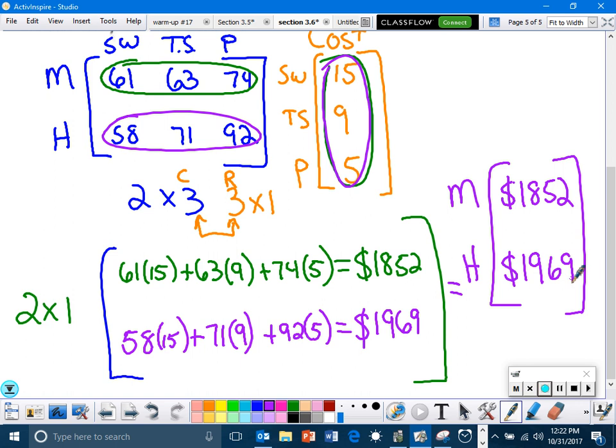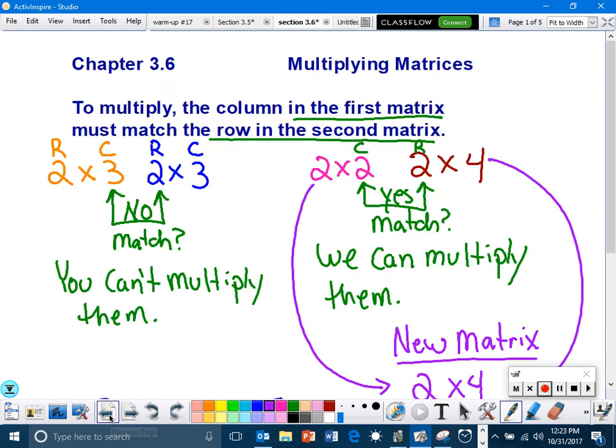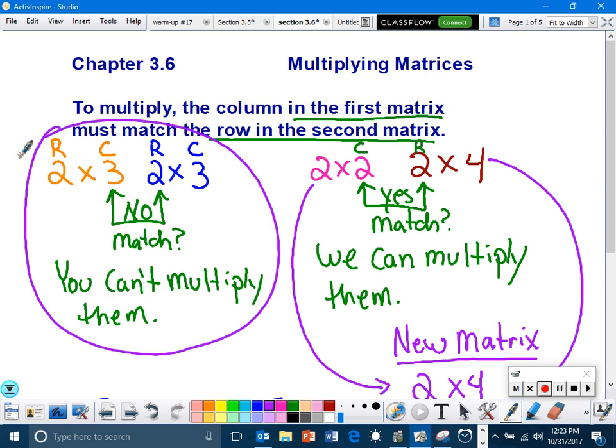Okay, at any time, please go ahead and rewind. If you don't remember how we did the multiplication, these examples should be good enough for you to do any matrix. Remember, if they do not match, you cannot multiply them together.